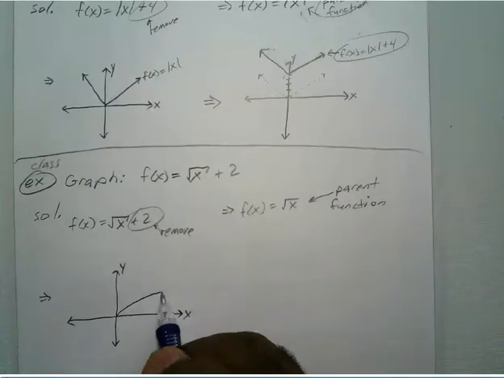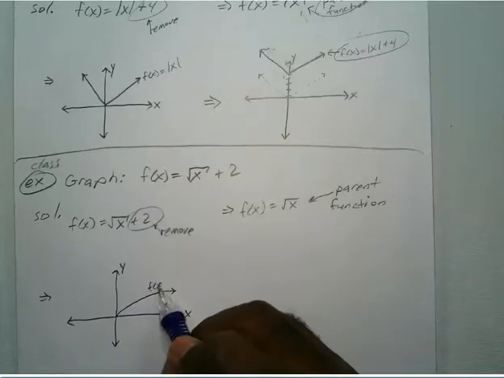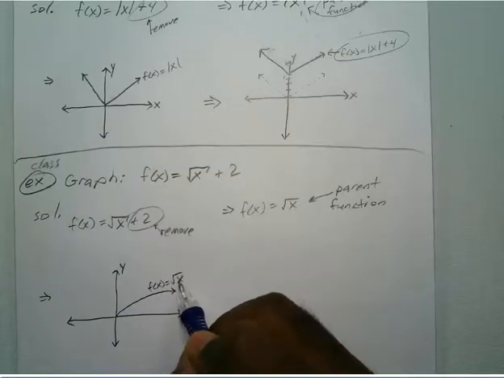Okay, so it looks kind of like that. So that's our f of x equals square root of x.